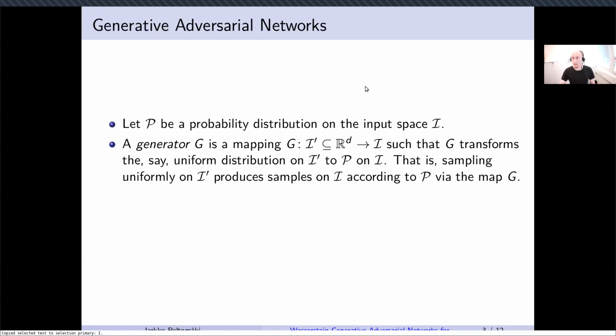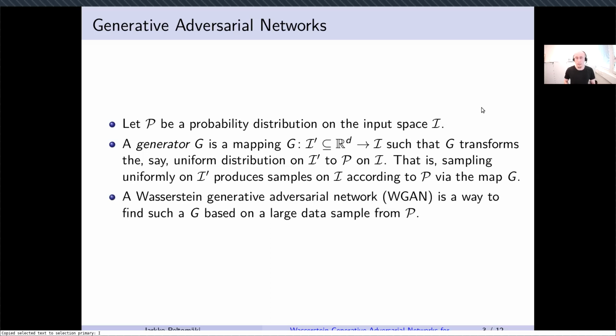Said in other words, if we want to sample according to this distribution P, we would do the following. Instead we sample uniformly on this auxiliary space I prime, and then we map those samples via this map G, and then we get samples on I that are actually distributed according to this P. That's the purpose of a generator.